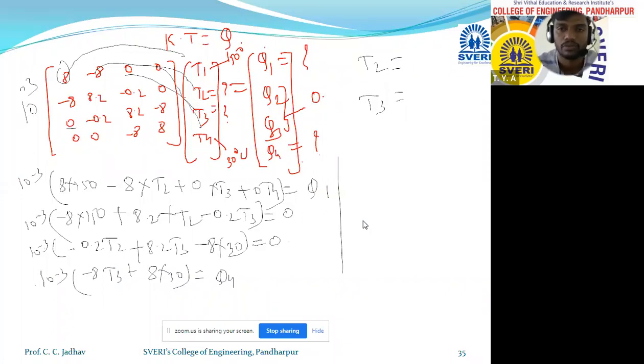Give me the final values. T2 is equal to, and T3 is equal to. Anyone, please solve the equation and tell me the values of the temperatures.